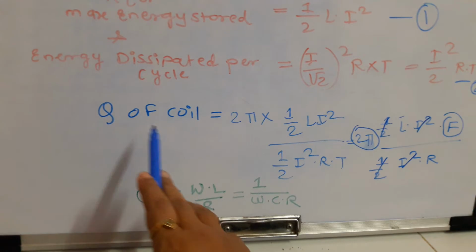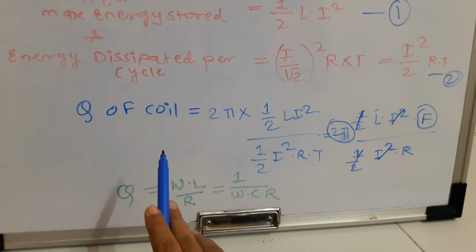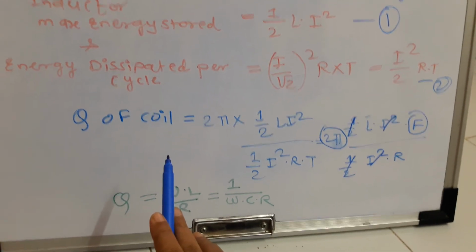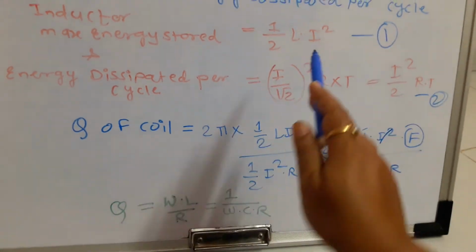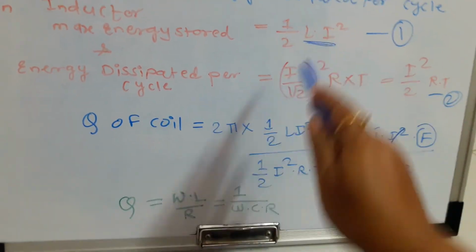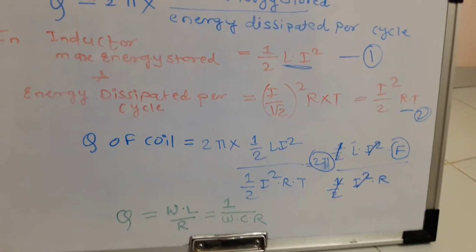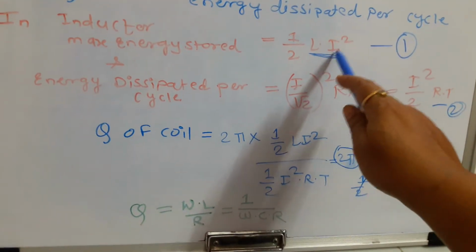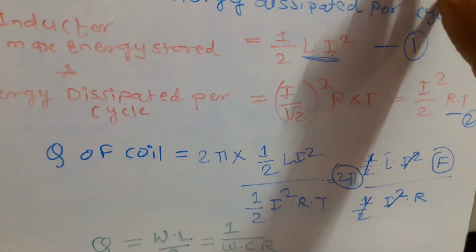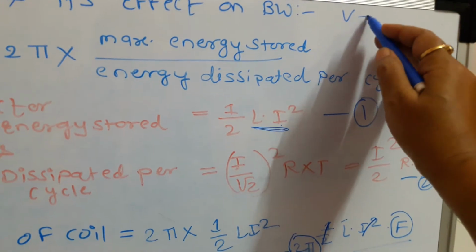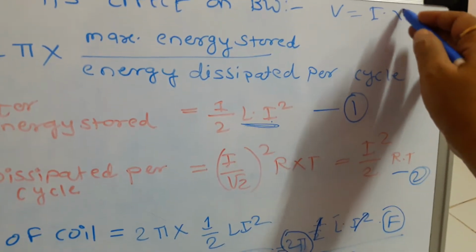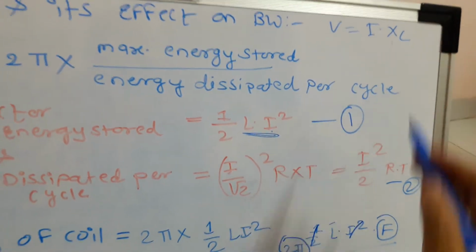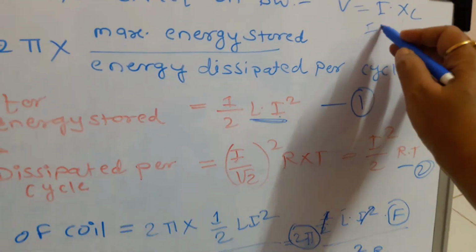Similarly, if we derive this relation for a capacitor, energy stored in the capacitor is given by half CV square. So instead of this Li square, there will be half CV square. But as voltage is there, we need to convert that voltage into current. So we will write voltage across the capacitor V is equal to I dot Xc. Now I is equal to V by Z, right?